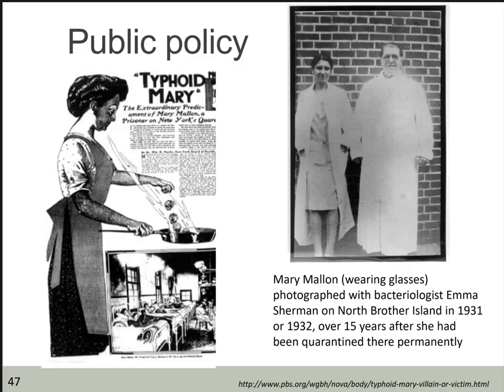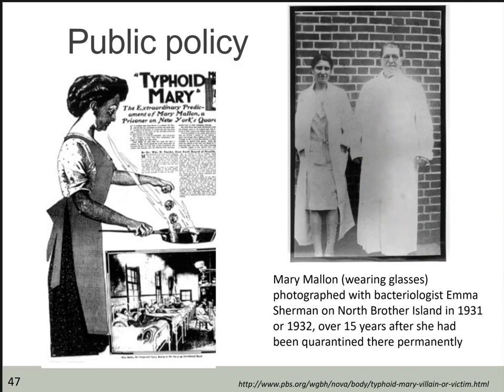Another example of public policy is quarantine. So for example, Typhoid Mary was quarantined. Quarantine just refers to the fact that she was not allowed to cook for other families. In this picture, we have Mary Mallon, who is Typhoid Mary, photographed with bacteriologist Emma Sherman.